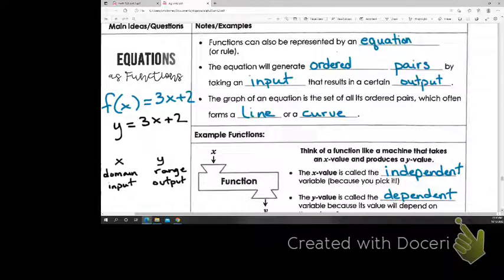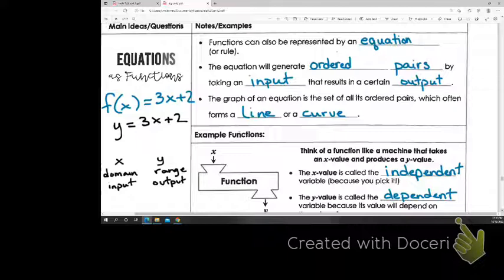When we think about a function, think of it like a machine. It takes an x value, you plug it in, you do something to it, and it produces the output, the y value. That's the number that comes out of the function. So the x values are independent variables.